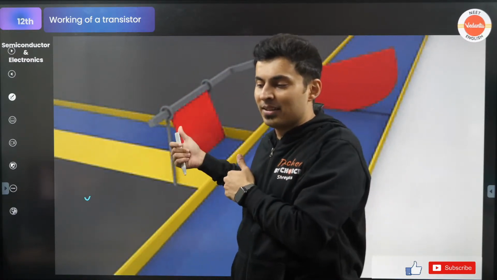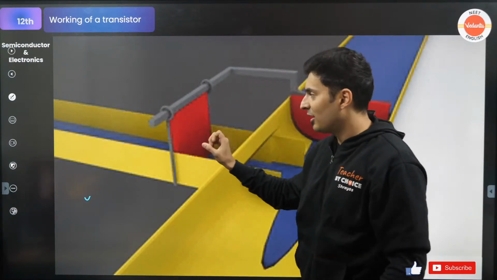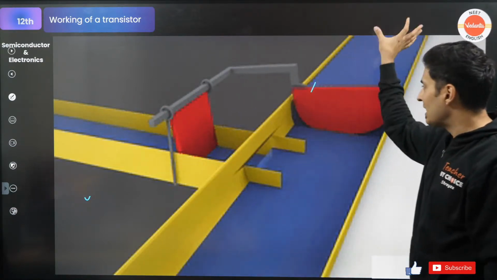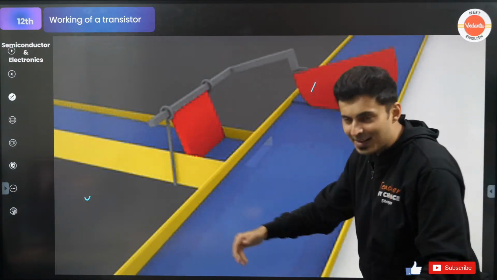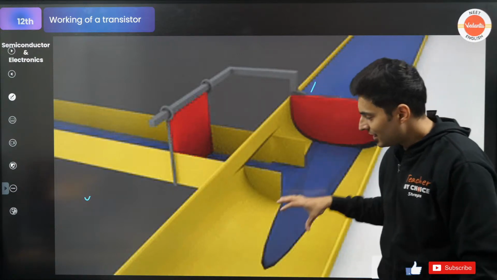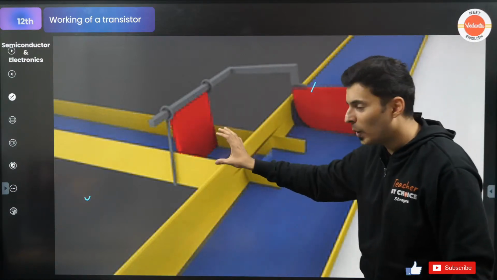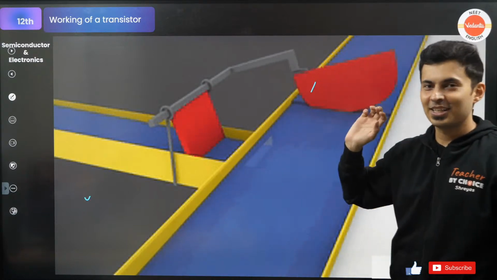So what happens in case of transistor is, replace this part with base, replace this part with collector, and replace this side with emitter. Base, collector, emitter. The flow, replace it with current.